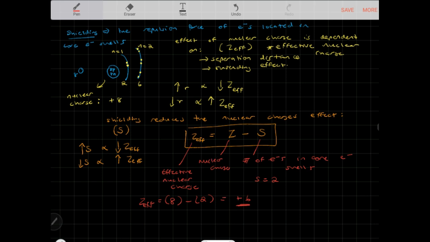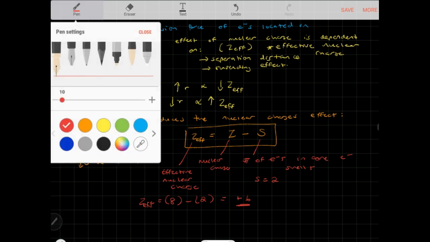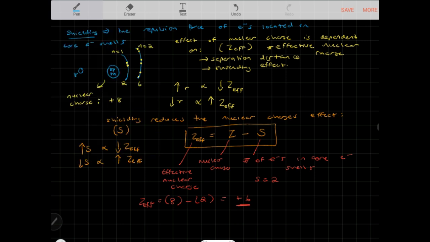It's a good way to look at how strong a force of attraction you have between the nucleus and the electron. The effective nuclear charge is really the force of attraction. The reason we look at it is because it tells us something about the kinetic energy of the electrons. As the separation distance increases, the effective nuclear charge will decrease.